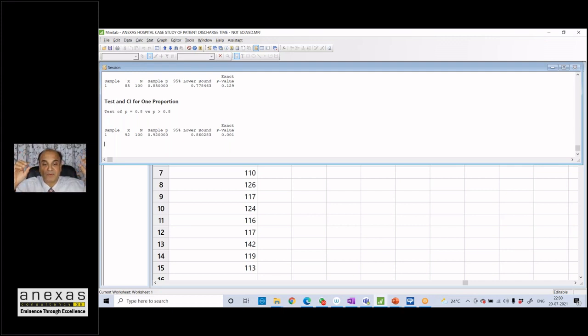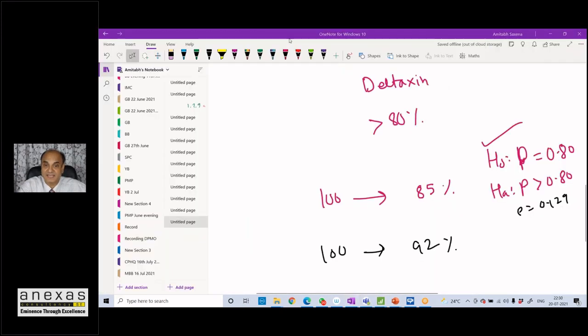P-value is less than 0.05. Government says now I'll be only 0.001% wrong if I choose your vaccine. Now I'm 95% confident, Mr. Amitabh, because now your p-value is almost zero.